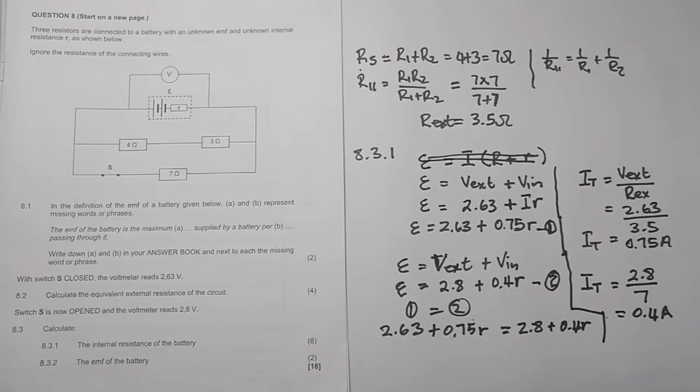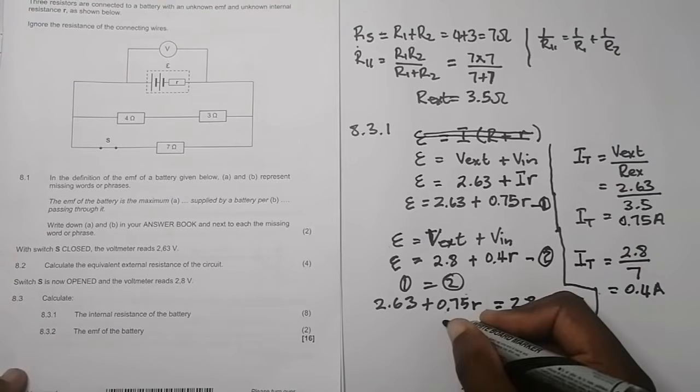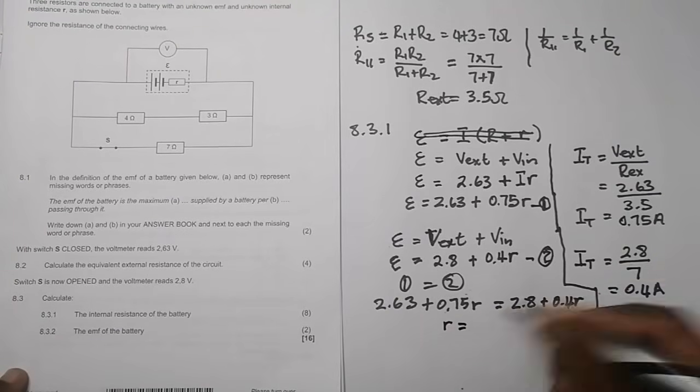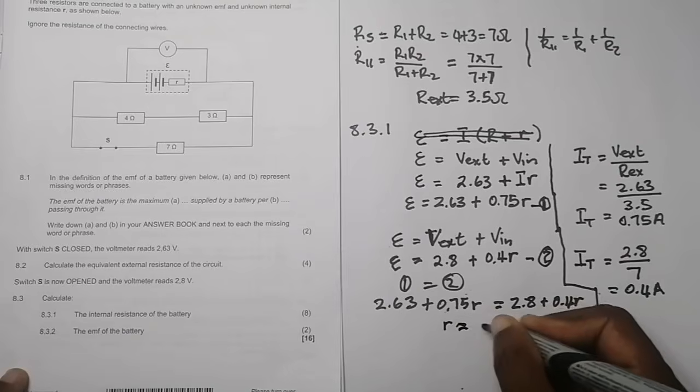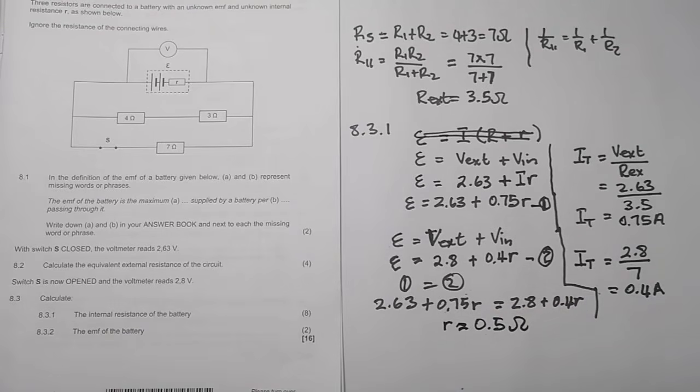All that's left is for us to do some gymnastics mathematically, and let's find the final answer. Ultimately I get a value of R. It's approximately 0.5 ohms. That's my internal resistance.